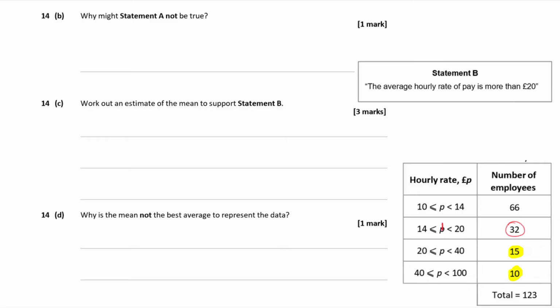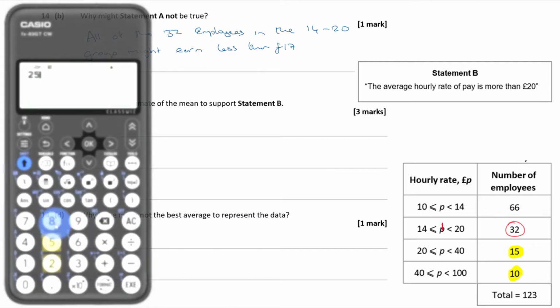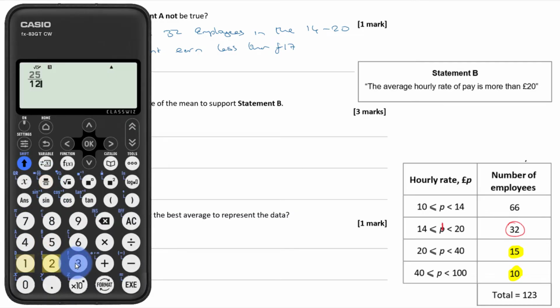So we could say that all of the 32 employees in the 14 to 20 group might earn less than £17. Okay, so all of the 32 employees in the 14 to 20 group might be on less than £17, and therefore it wouldn't be enough of a percentage, would it?